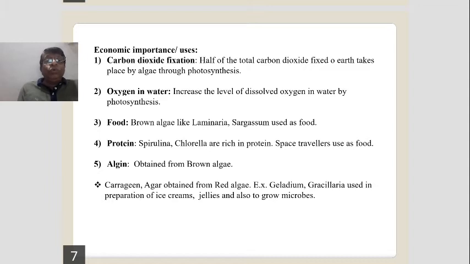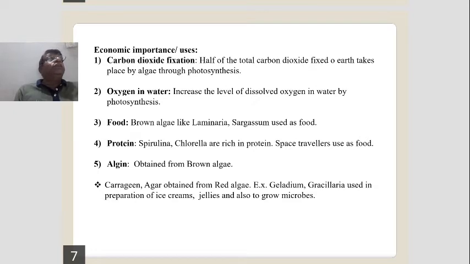Agar is used in tissue culture labs as the base. So agar is one of the economically important chemical substances obtained from red algae.